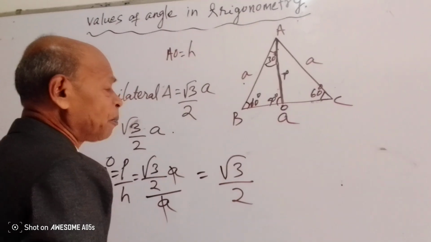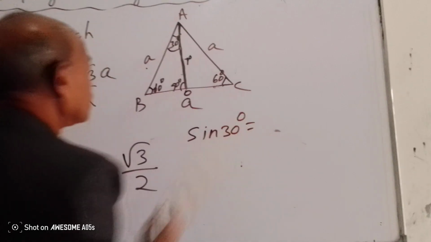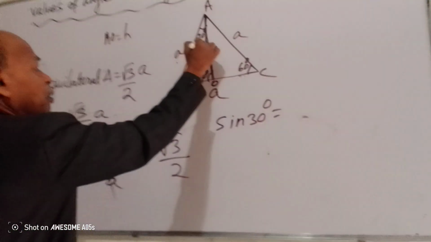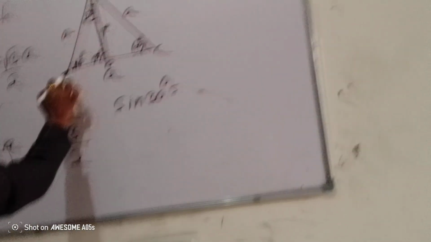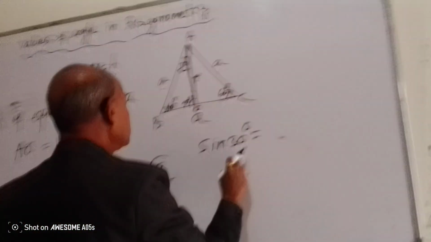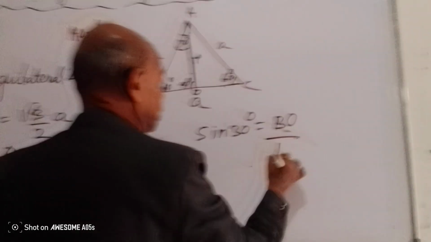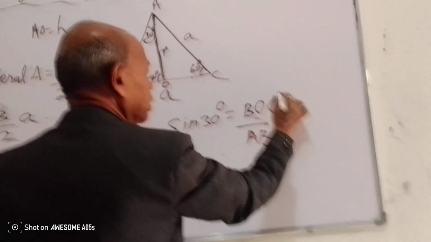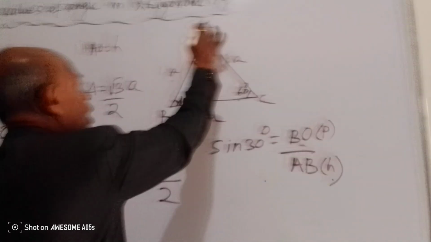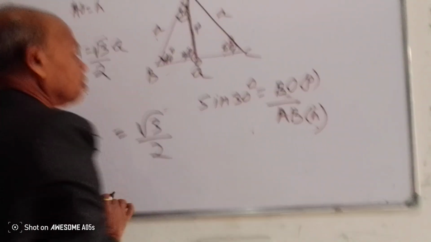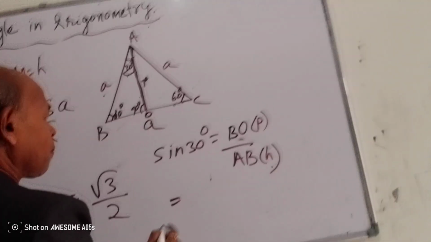Similarly, we can find the value of sin 30 degree also. Sin 30 degree means, according to this angle, BO will be your P and AB will be your H. Sin 30 degree is equal to BO by AB. Now what is the value of BO?